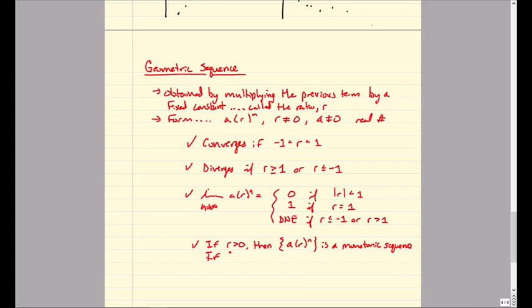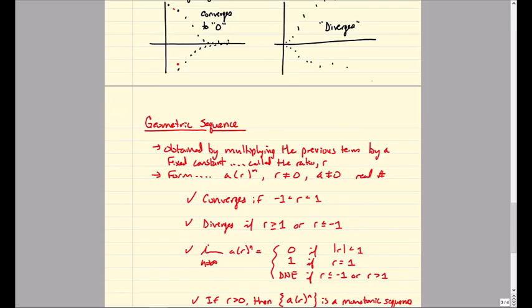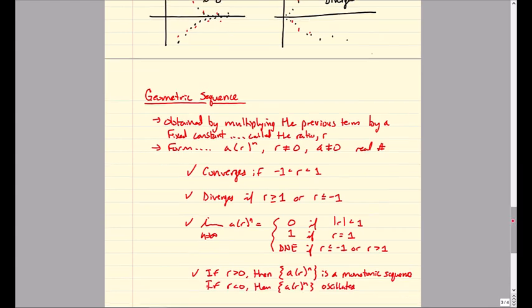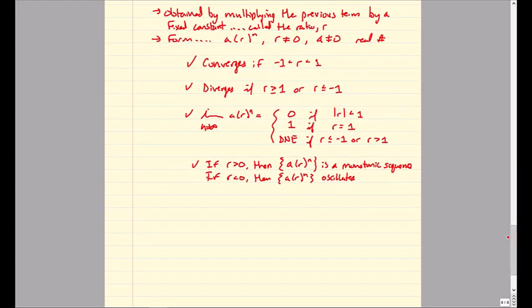If r is less than 0, then a times r to the n, that geometric sequence, oscillates. And oscillates means it bounces back and forth, kind of like this picture that we have up above, where I go above, below. And then of course we have to figure out whether it converges or diverges from there by looking at the value of r. Okay, so that is all the information on geometric sequence.